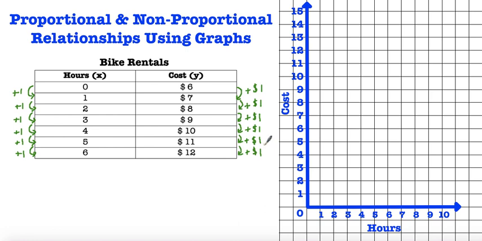So here we pay an additional $1 for each additional hour. And if we wanted to see if it was proportional, we'd have to write down our rates and see if they were equivalent. So for 1 hour, it costs $7, so it's $7 an hour.